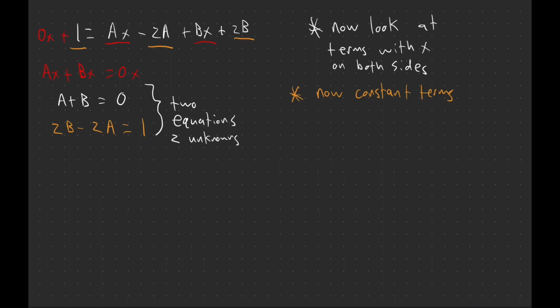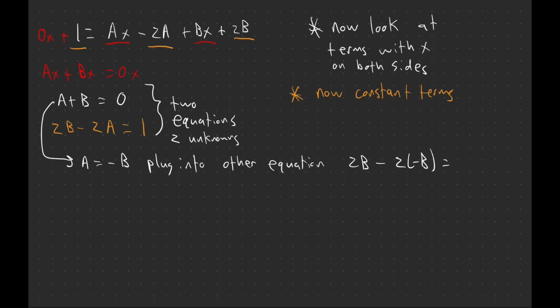We can solve this in a multitude of ways, but I'm going to go through and solve it with substitution. I solved for a in terms of b up there by subtracting b on both sides. I'm going to plug that into the other equation. So we have 2b minus 2 times negative b, and that gets us 4b is equal to 1. And we have b is equal to 1/4.